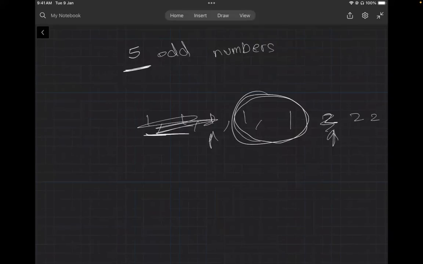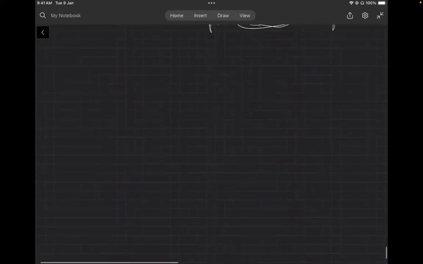So when we had 5 odd numbers, were we forced in the end to make an odd number? Tell me, guys, were we forced to make the odd number? No, right? When we had 5 odd numbers.